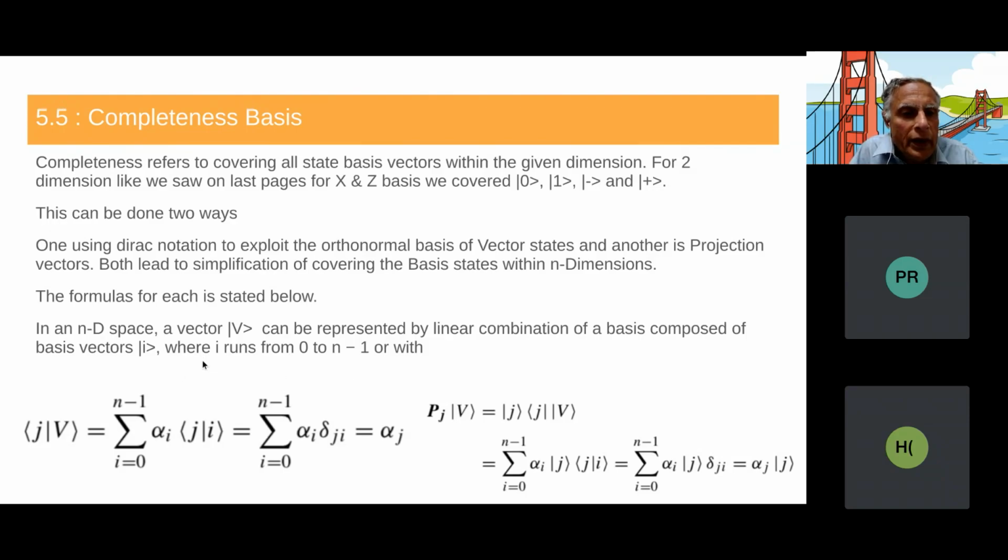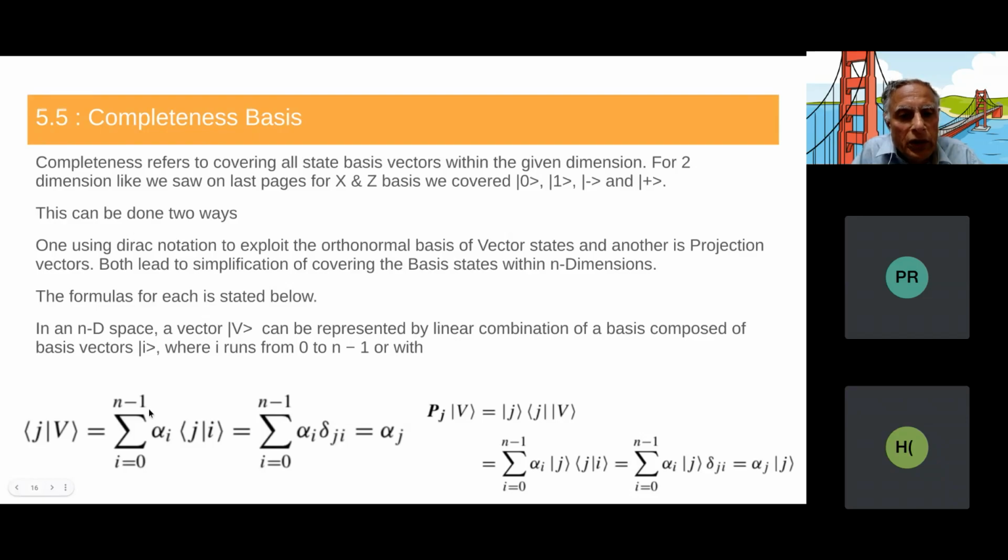Assuming there are two vectors, j at row and I at column, if we have a vector v that can be represented with an n by n dimension with I and j, where I runs from 0 to n minus 1, that is the basis.